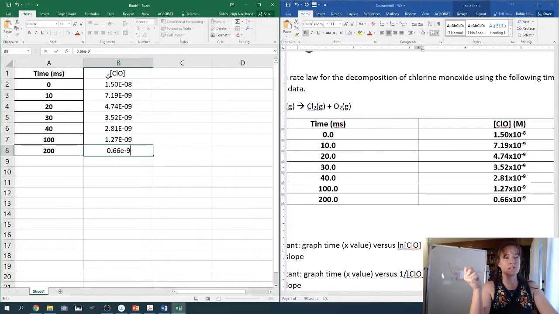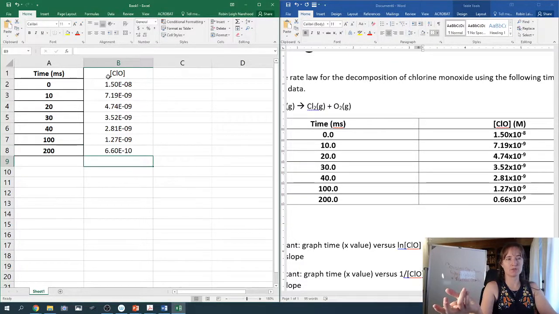So I'm typing in 0.66 E -9. Don't type times 10 into Excel. When I hit enter, it will fix it and make it the correct format. Watch that. It went to 6.6 times 10 to the -10 because that's correct scientific notation.